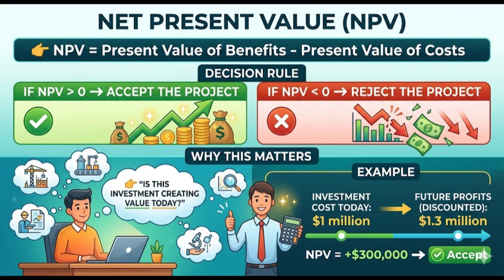The decision rule is straightforward. If NPV is greater than zero, the project should be accepted. I repeat, if NPV is greater than zero, the project should be accepted. And if it is less than zero, it should be rejected.